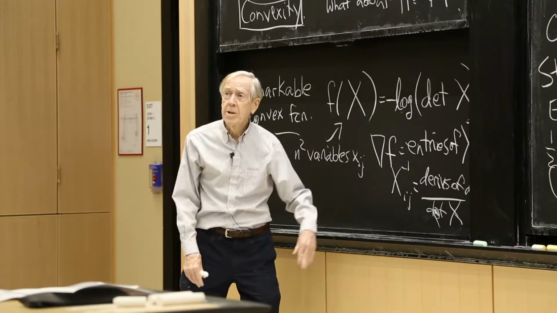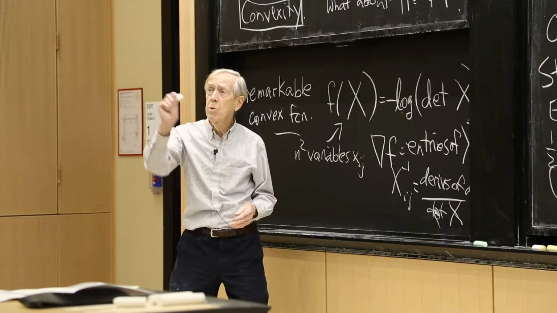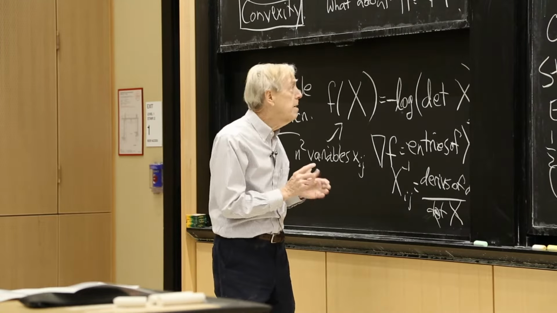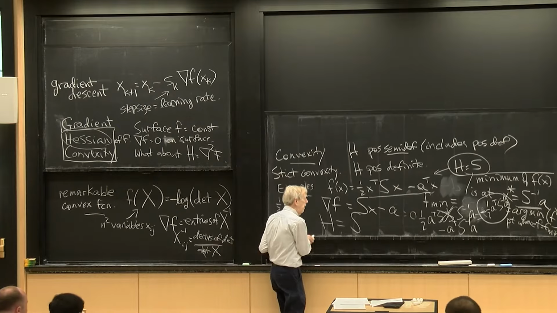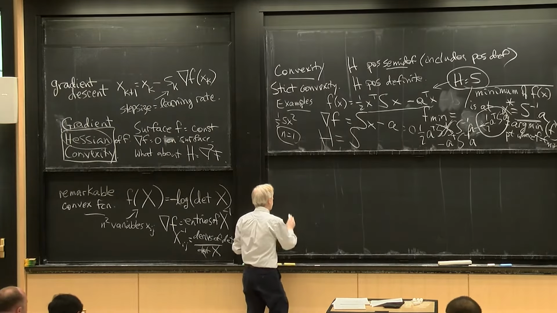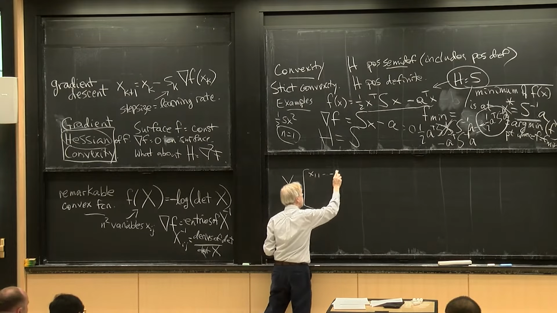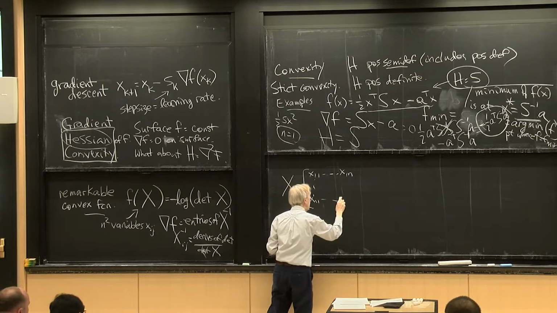Okay, so what's the derivative of the determinant of a matrix with respect to its 1-1 entry? Sure, this is crazy, but it's healthy. So I have a matrix X: X11, X1n, etc., Xn1, Xnn.